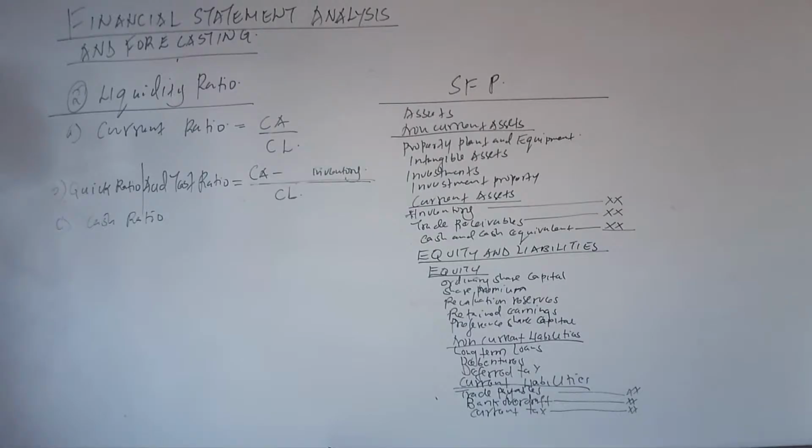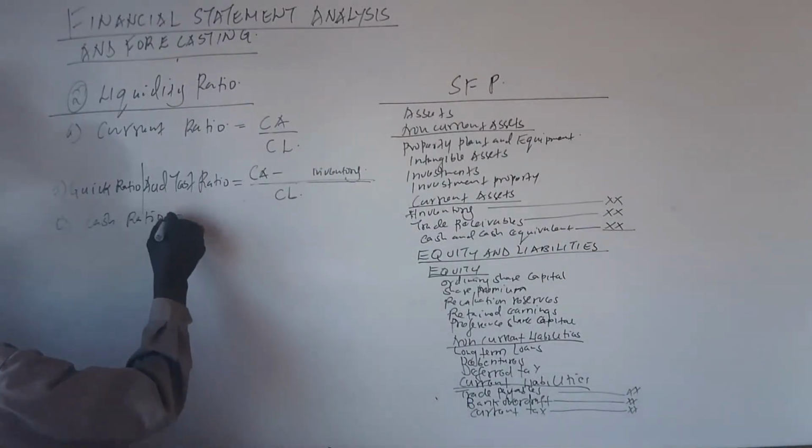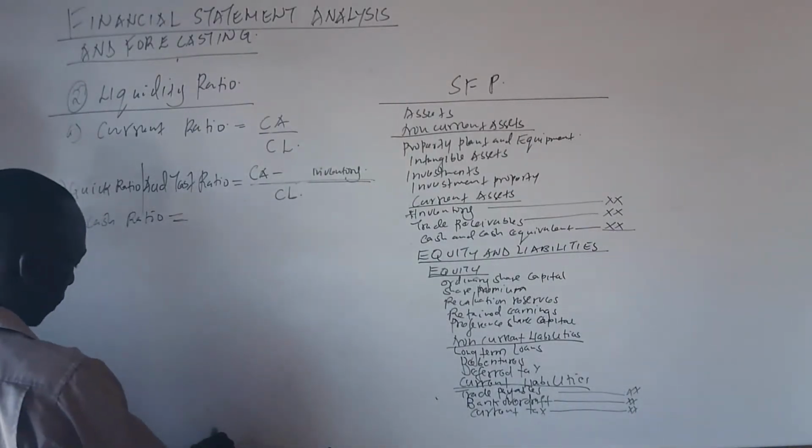For example, commercial papers, treasury bills, financial assets at fair value. So therefore, how are you going to get the cash ratio?